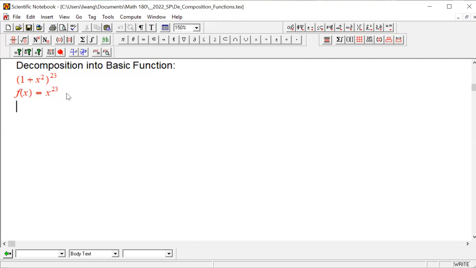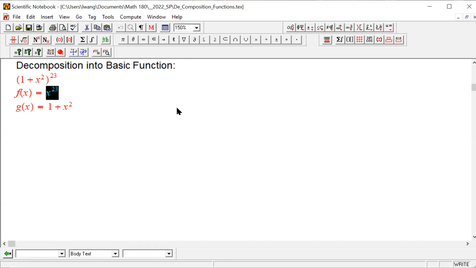And the piece that was inside is the other function, g of x. So my f is x raised to the power 23. My g is 1 plus x squared. And this function is simple enough, and this function is simple enough.